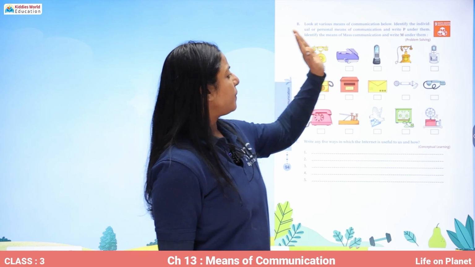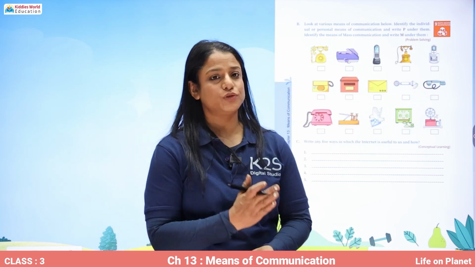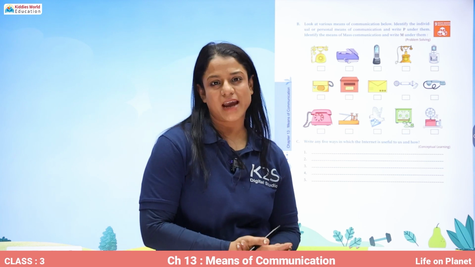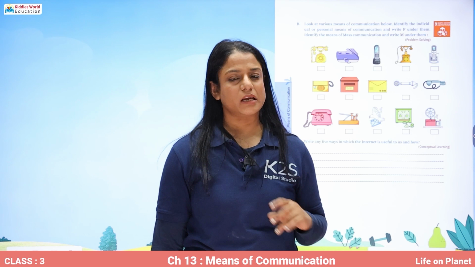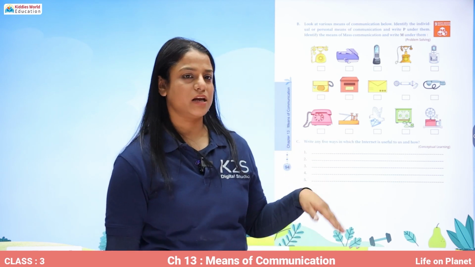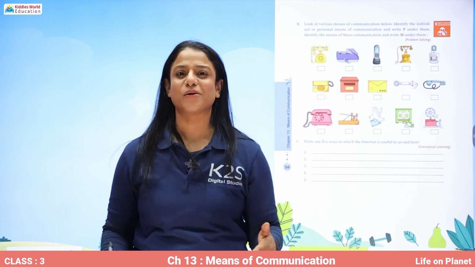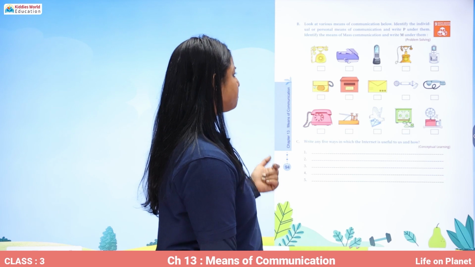Now, there are the pictures of some means of communication over here. You have to identify whether they are personal means of communication or mass means of communication and write P for personal or individual means of communication and M for mass means of communication. Let me do the first line for you, and the rest you are going to do in pairs with your friends.